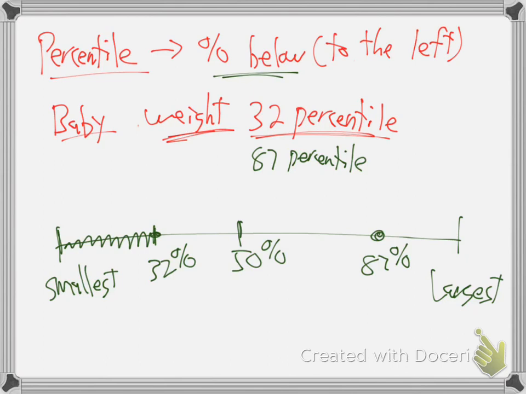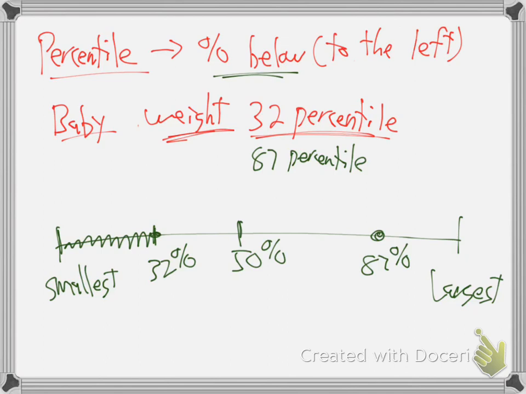Does that make sense? Let me do a little quiz. What would be an average baby weight? 50 percentile, right in the middle, because half are lighter, half are heavier. You're completely average if you're 50 percentile.